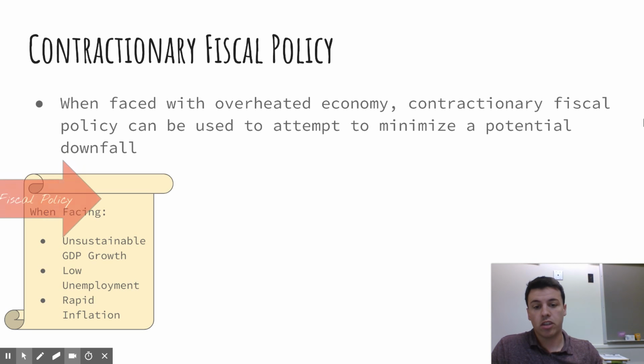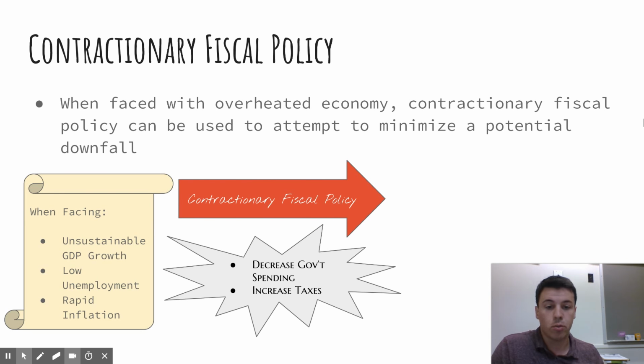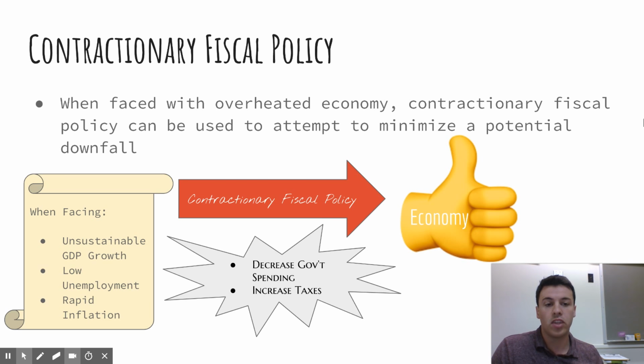Whenever we're facing those, we can use contractionary fiscal policy, which is just the opposite of expansionary. This is going to be decreasing government spending, cutting programs, reducing money spent on government initiatives, and also increasing taxes. The idea would be that we are improving the economy, getting it to a more manageable state.